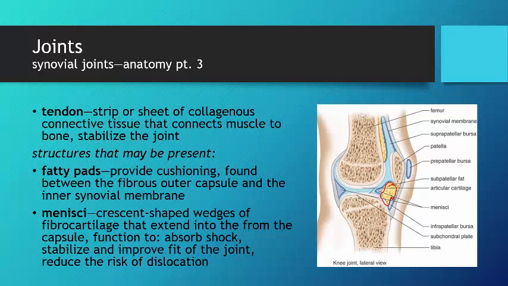And so those fatty pads can kind of move from side to side, not that they're picking up and detaching themselves, but that tissue can be squeezed into other areas. So it just helps to fill space as the joint itself changes shape.